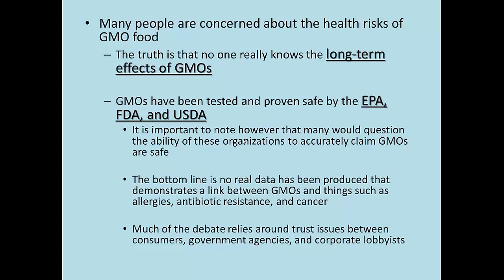You take the BT corn, as I already mentioned. Allegedly, that's safe to consume, but no one's ever tested the human species for 50 years. No one's ever had a group of people, for example, that were fed BT corn every day for 50 years and then studied them to see what kind of effects they might have compared to a group of people that weren't fed that corn. You don't ever do those kind of studies, though.